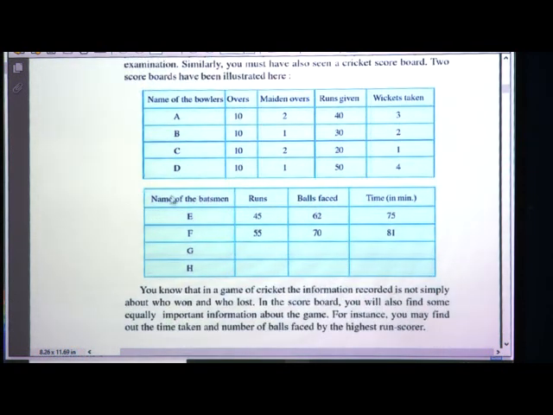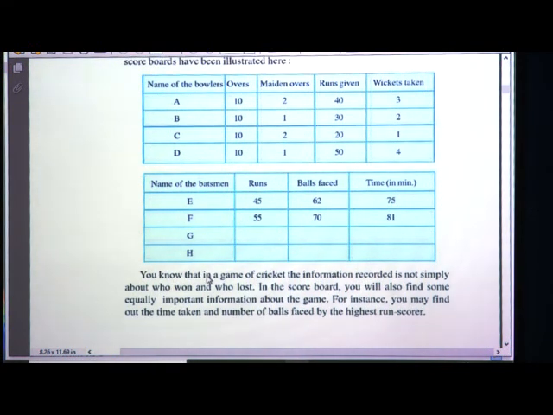In the same way, here also we have different names of the batsmen. E batsman, he has scored 45 runs, he has faced 62 balls, and in how many minutes? 75 minutes. So you know that in a game of cricket, the information recorded is not simply about who won or who lost, right?